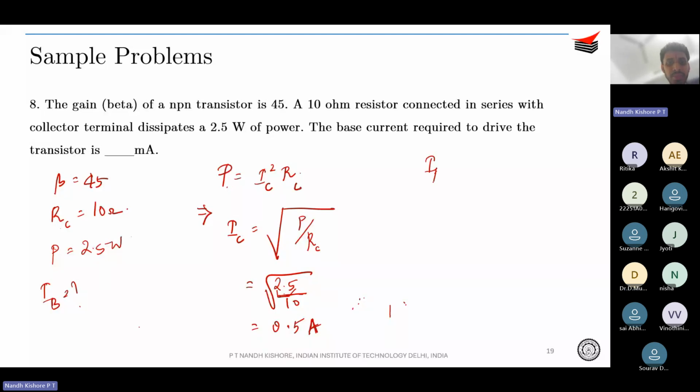So you know that IB is IC by beta. Therefore, 0.5 by 45, right? So what is 0.5 by 45?